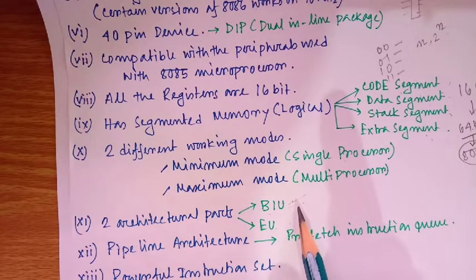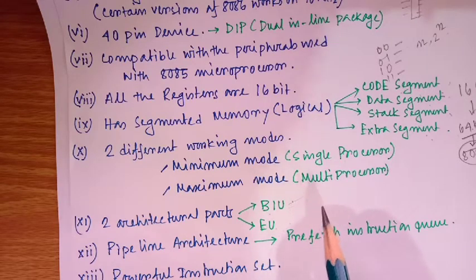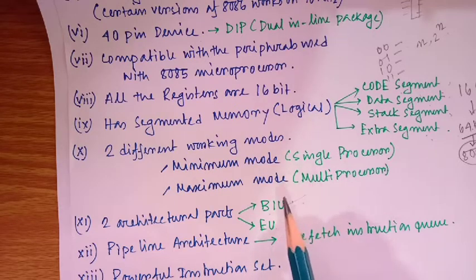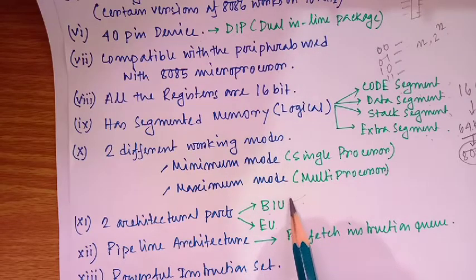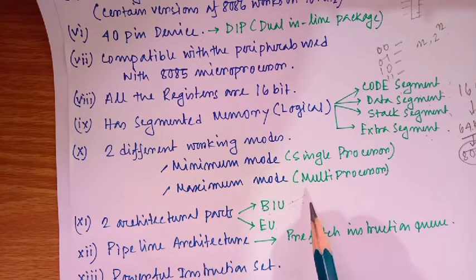What is physical address? Once again I will give a separate video by which you can understand. So remember, physical address has to be calculated, and that is done within BIU. Another point, remember, that is called the prefetch instruction queue. That element is also available within BIU, and we will explain its function. And certain registers are also there.